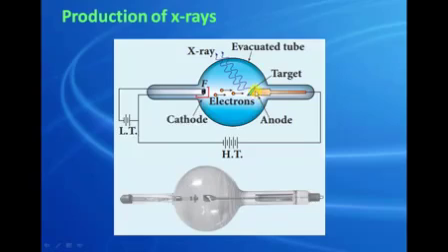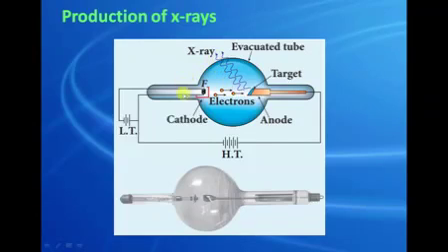Here the target material is copper block, with tungsten and molybdenum embedded in the face of the solid copper anode. The face of the target is inclined at a particular angle with respect to the electron beam, so the X-rays can leave from this side of the tube.